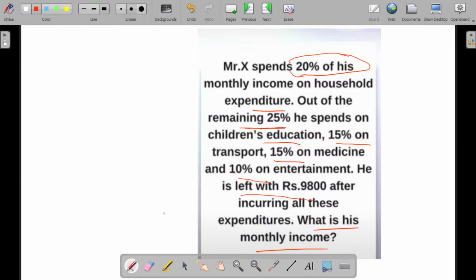Yes, mention the answer in the chat box. 25, 15, 40, 55, 65. Okay, Firzazi mentioned 35,000. 35,000 is his monthly salary.